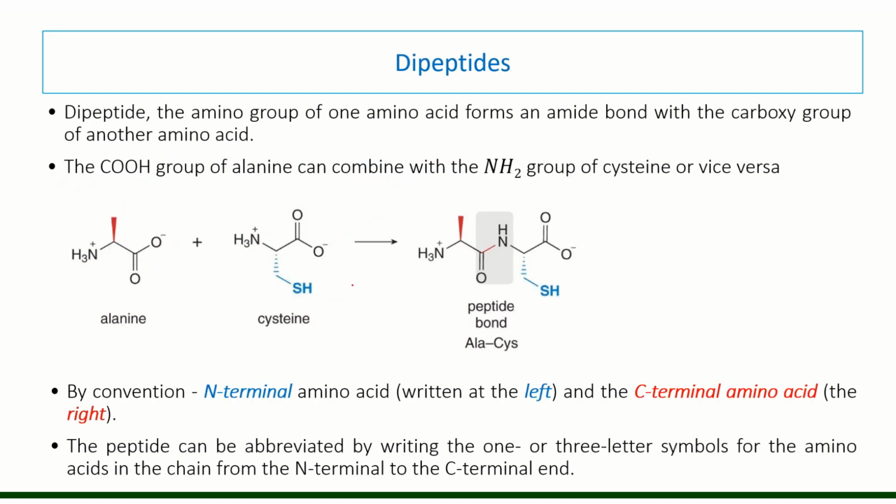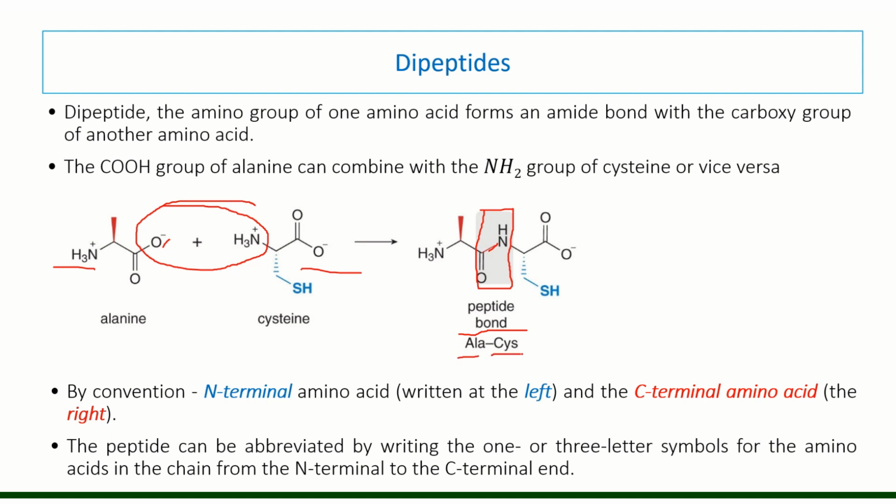So for example, in alanine combining with cysteine, you can see immediately the amine will substitute here, and so you end up with the amide. This amidic bond is of course called the peptide bond. And herein, you can see that we have alanine being the N terminus and cysteine being the C terminus.